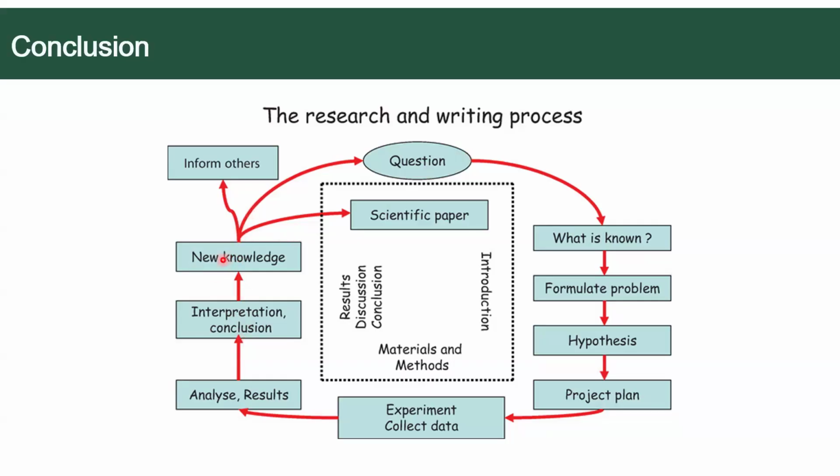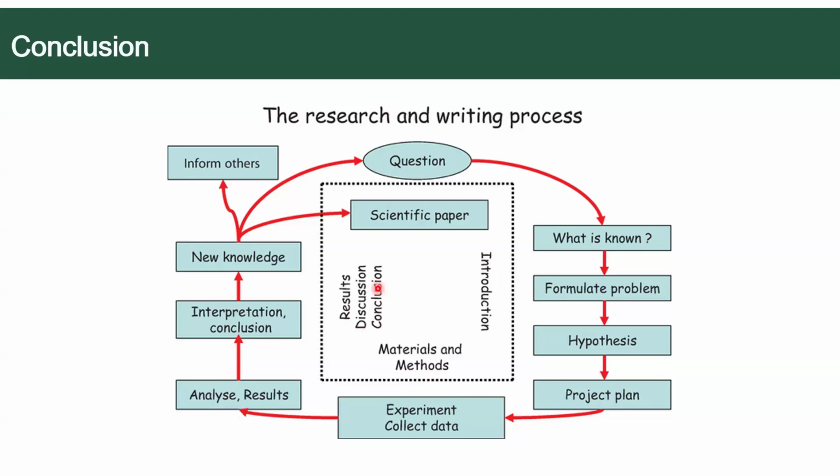Then you want to inform others about this research. You want to share this knowledge with others, and for that purpose you will write a scientific paper. For that you will rely on these parameters: introduction, materials and methods, also called methodology, and then results, discussion, and conclusion.